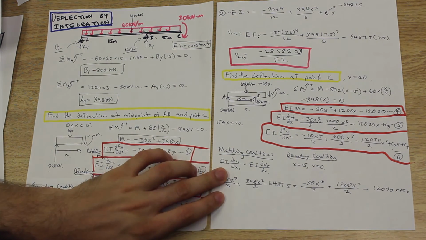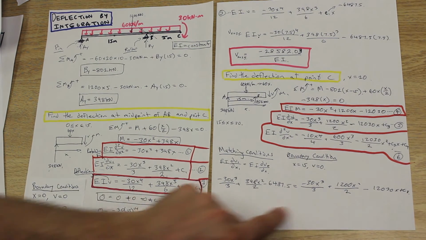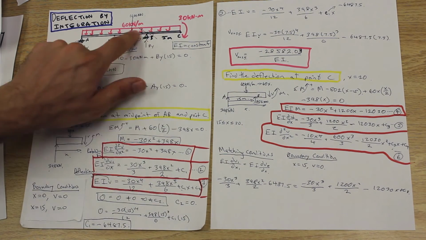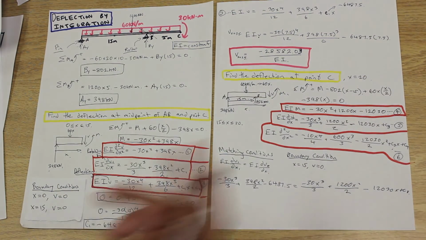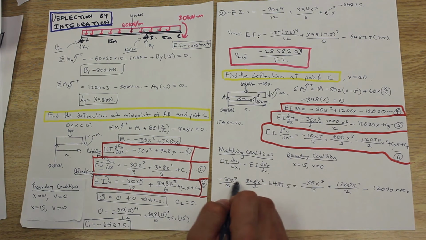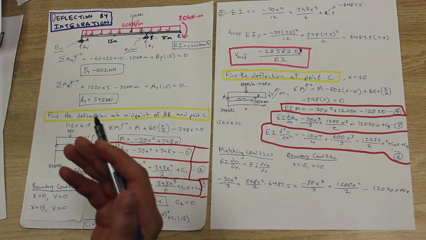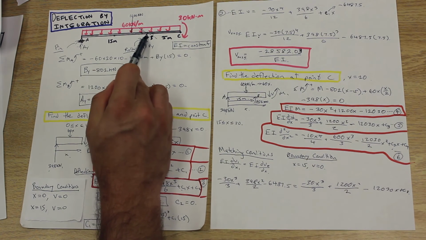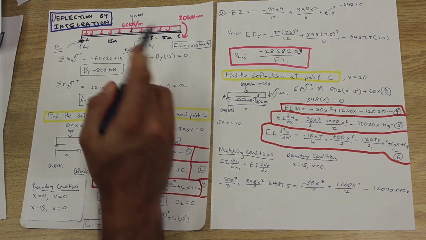So using the matching conditions, we came up with an expression knowing that the angles were the same at B on both sides of the beam, and we can isolate for C3. I'm not going to do that. But what is this x here, you might be asking? We have all these x's in here. Well, we just plug in the point at which we're examining, where the matching conditions are.